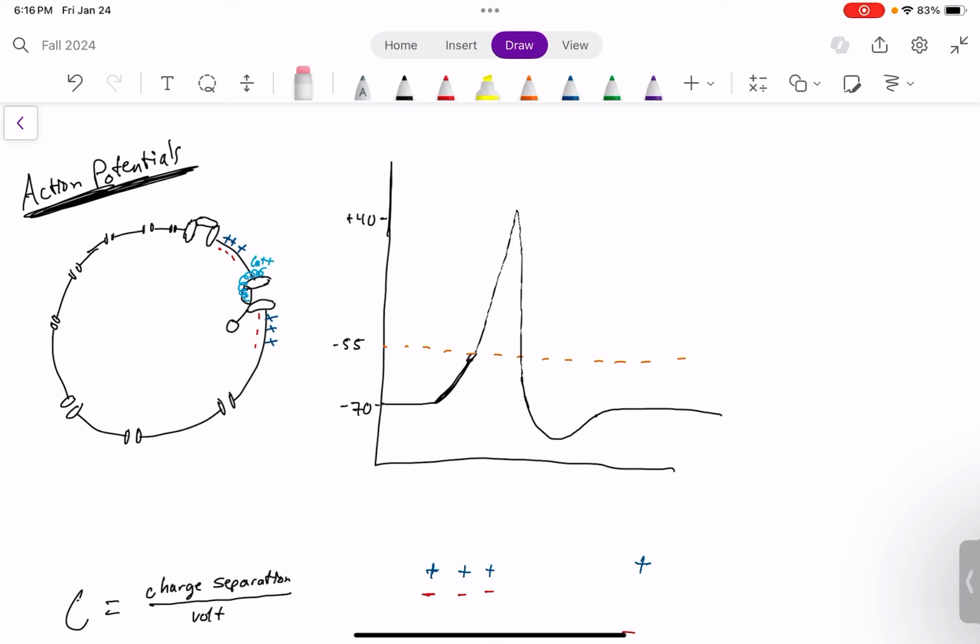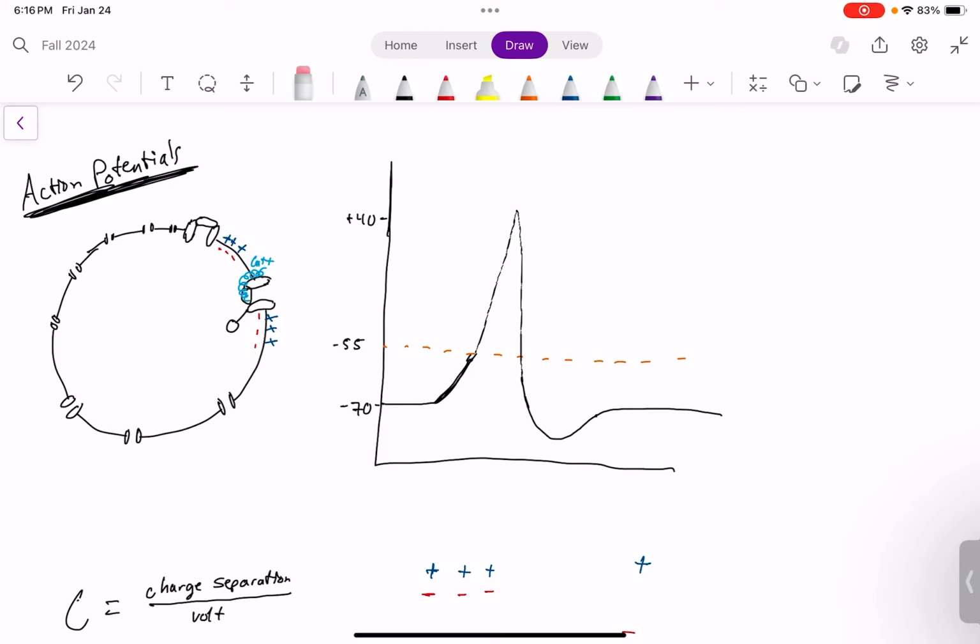Now, an action potential is a fancy word for a neuron firing, right? And what happens during an action potential is there has to be some sort of a stimulus.